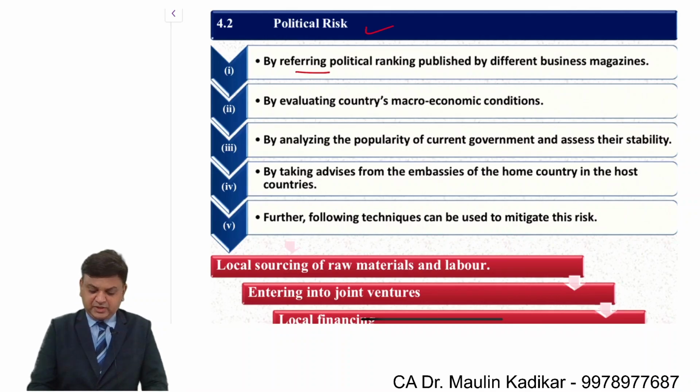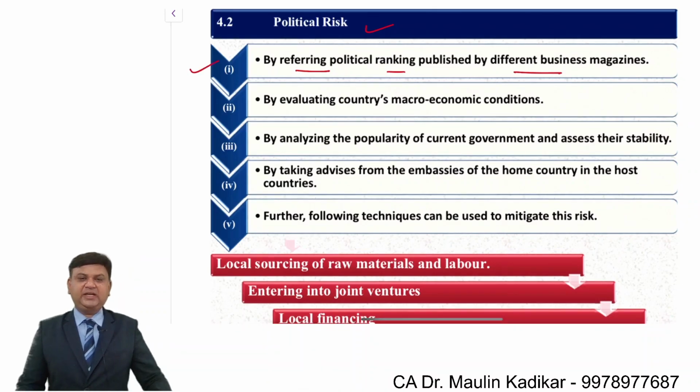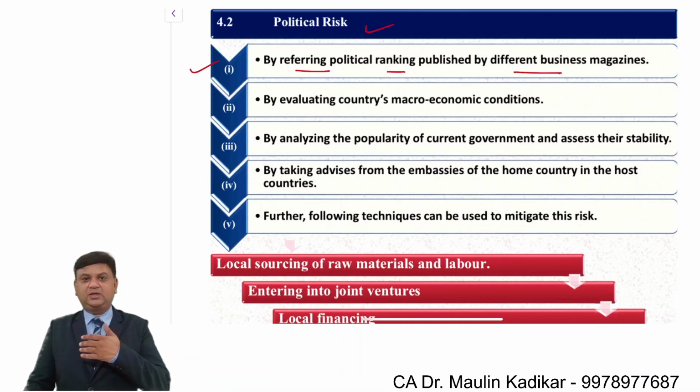By referring to political rankings published by different business magazines. This is very important. We understand that we should not make investment in countries like Taliban-ruled Afghanistan, or like Tanzania or Uganda, somewhere like this, because over there the political situation can change at any point of time.